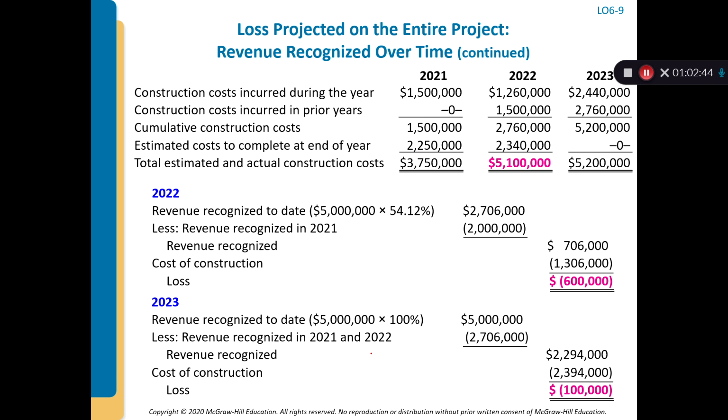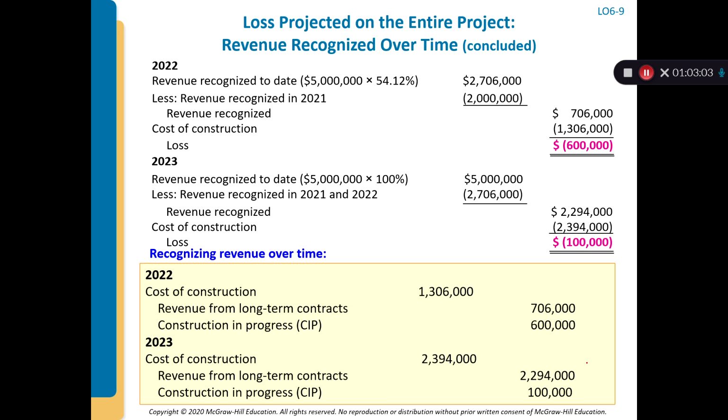Okay. And then in year 3, you know that you have to have a loss of 100,000, and then you calculate the revenue of 2.295, and then you back out that the construction cost is 2.394. And then when you recognize over time for year 2, of course you debit the construction cost of 113, right? This is cost.